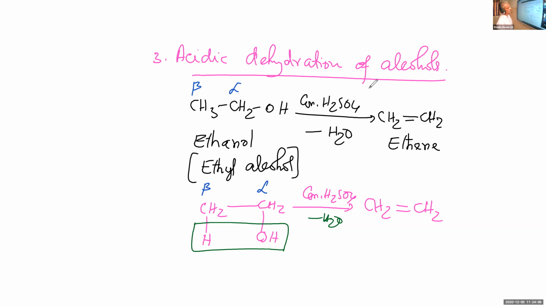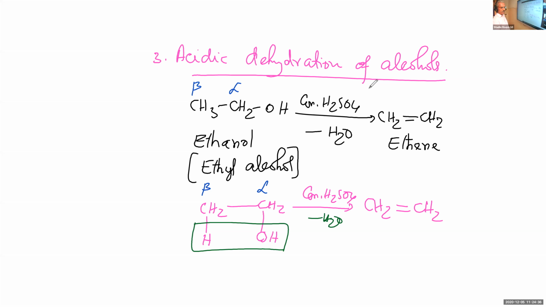This is also an example of a beta elimination reaction. Just now I told you there may be elimination of water also. This is also a type of beta elimination reaction. So by the dehydration of alcohols with concentrated sulfuric acid as the dehydrating agent, alkenes can be prepared.